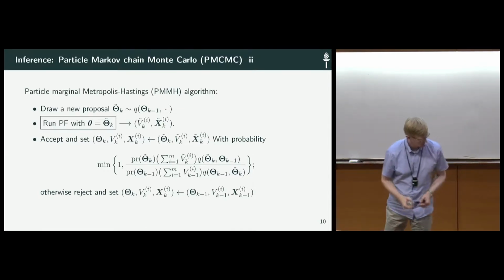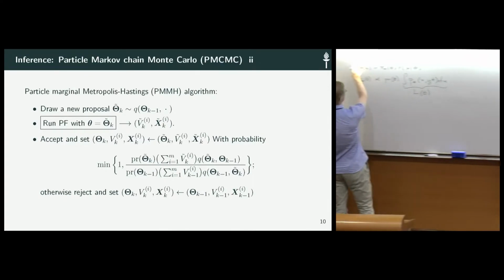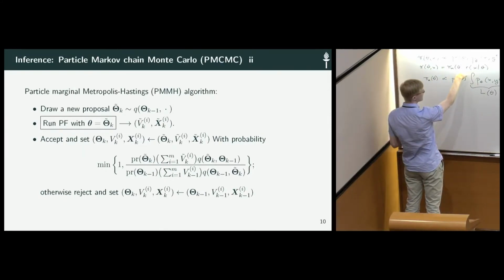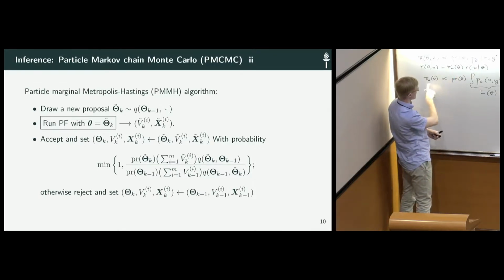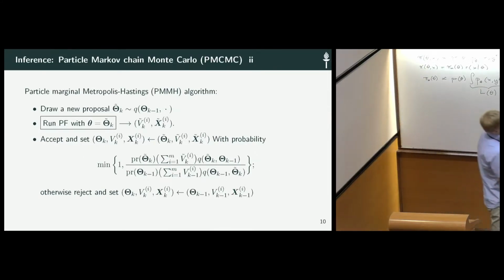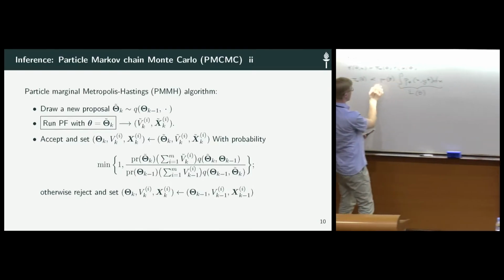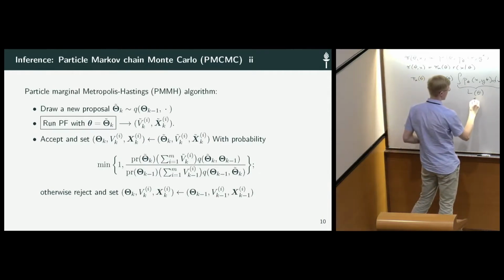What I want to emphasize here is that our marginal posterior was like this before, so it's prior times likelihood. So this acceptance ratio looks very much like doing MCMC for this distribution, but this likelihood is replaced by this sum.